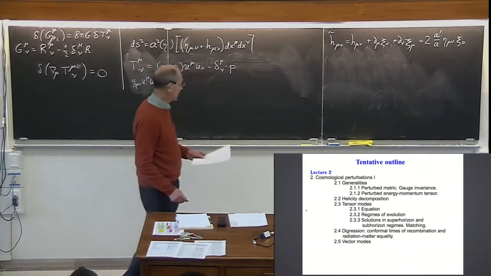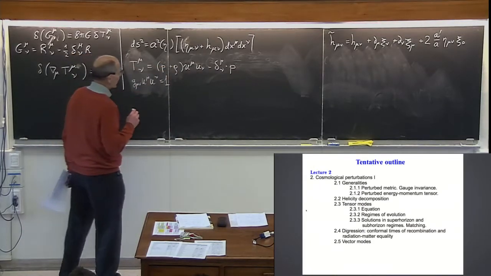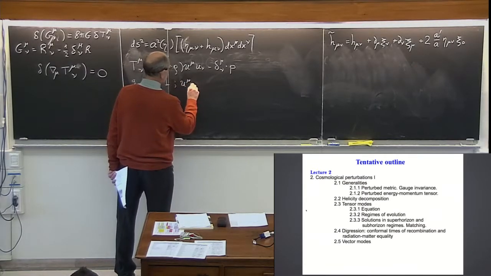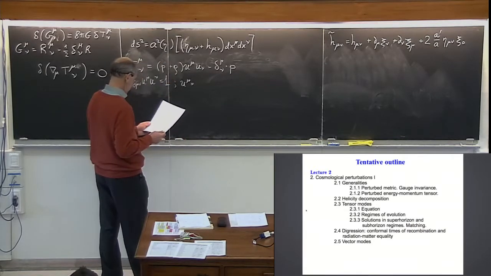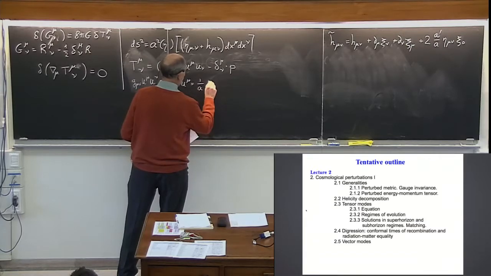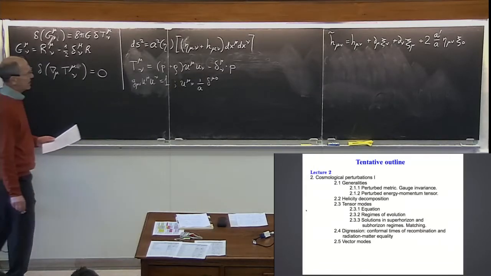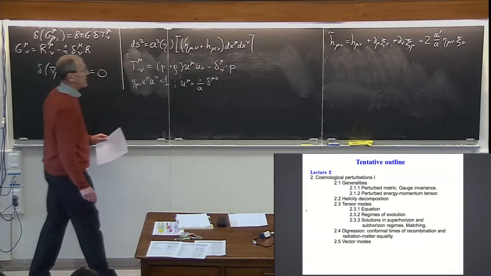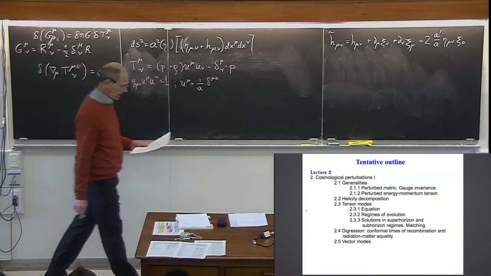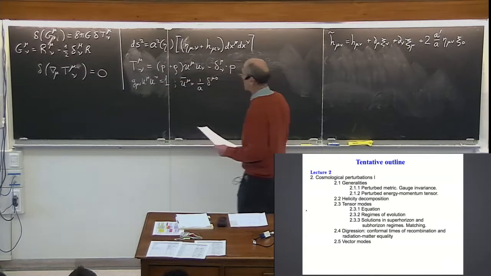In our case, U mu bar is 1 over a delta mu 0, meaning that this is the background value, meaning that the four-velocity is directed only in time direction for the background. Let me temporarily put this bar for background.